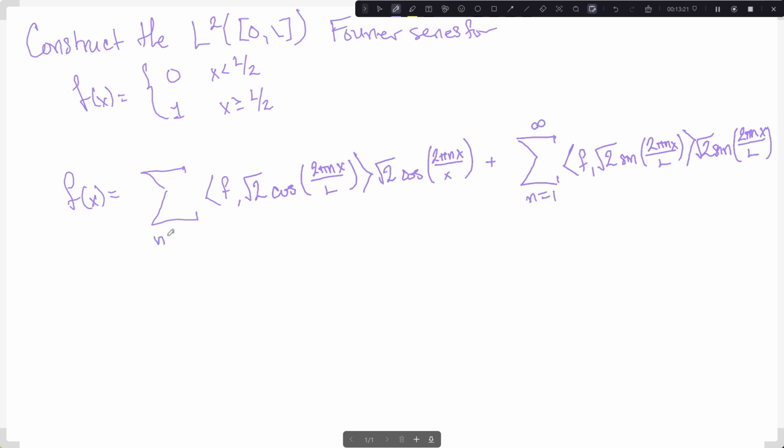This one actually goes from 0 to infinity. And the reason why we don't have to include 0 on the right here is that sine of 0 is 0. So that would disappear.